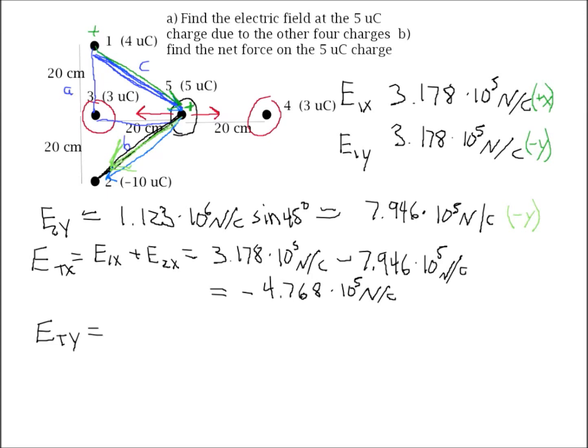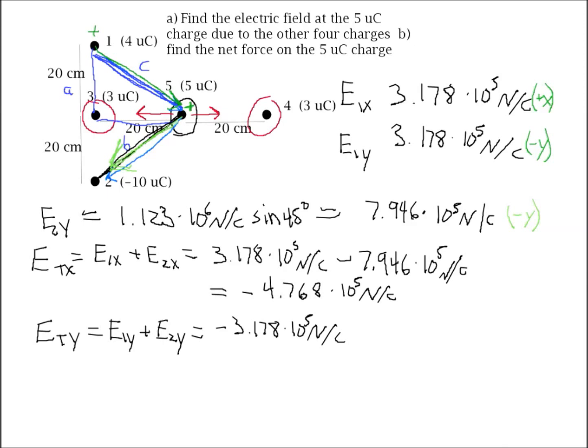E_TY is E1y plus E2y. E1y is a negative 3.178 times 10 to the 5th newtons per coulomb.